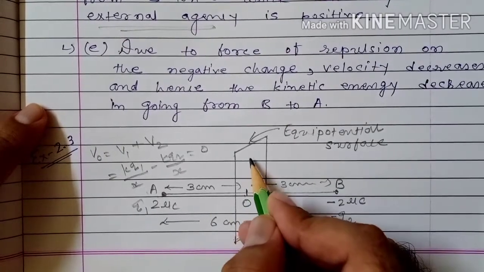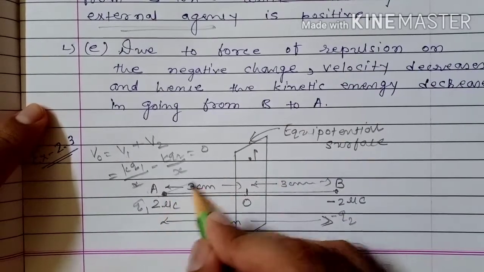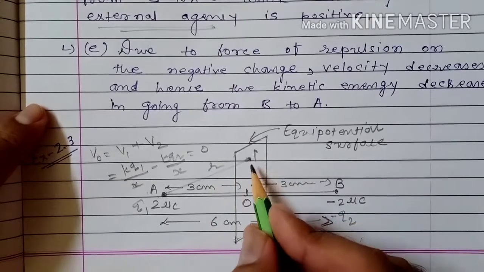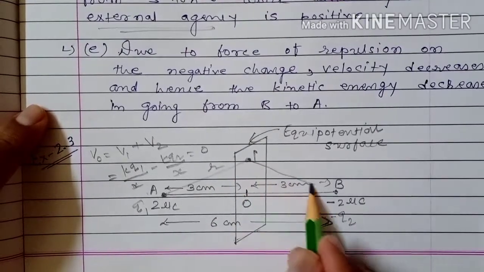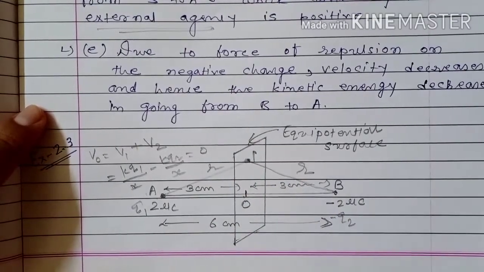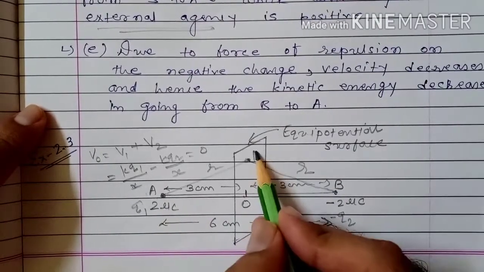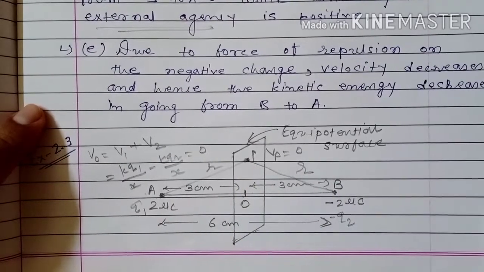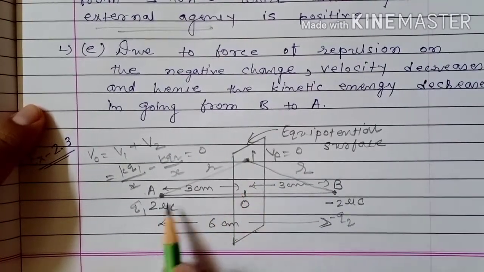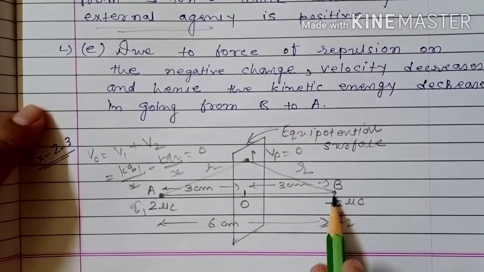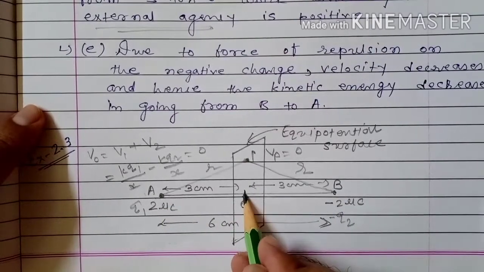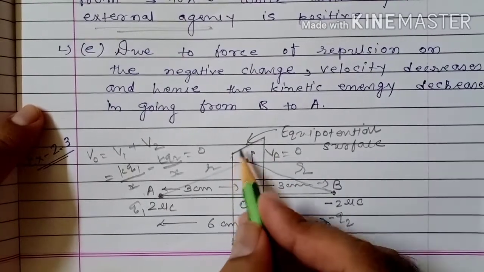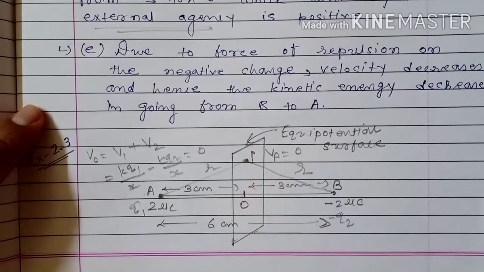Same way if we consider one point P here, then from first charge point P is at distance R. Same way from second charge point P is at distance R. If distance is same, charge is same, then potential at point P will also be 0. So here if you consider any plane perpendicular to the line joining system of two charges and passing through this midpoint, then at each and every point on this plane potential will be 0.